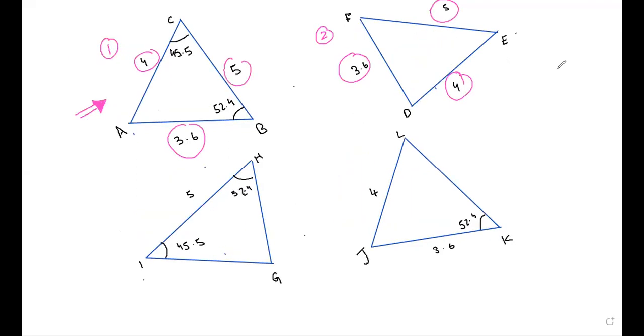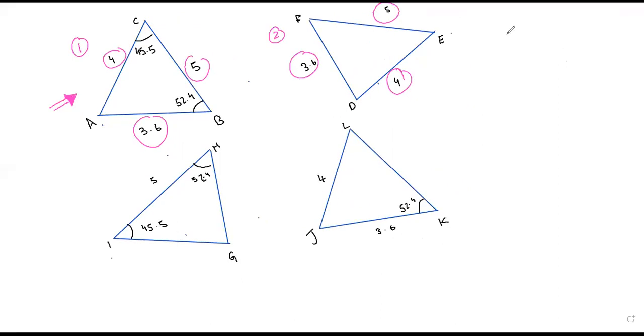Since three sides of these two triangles are the same, by side, side, side, they are congruent. Very well done, Turhan. Excellent. You are correct. ABC is congruent to DEF. What about the other one?